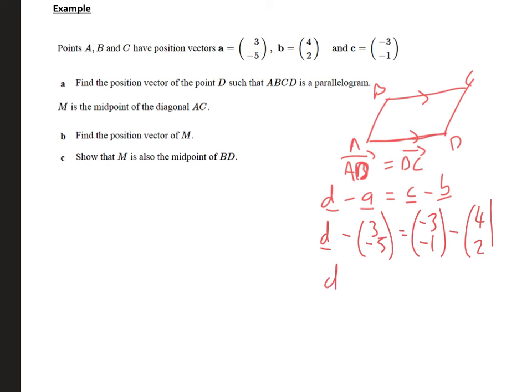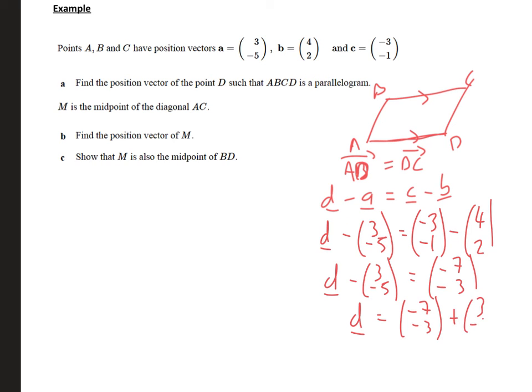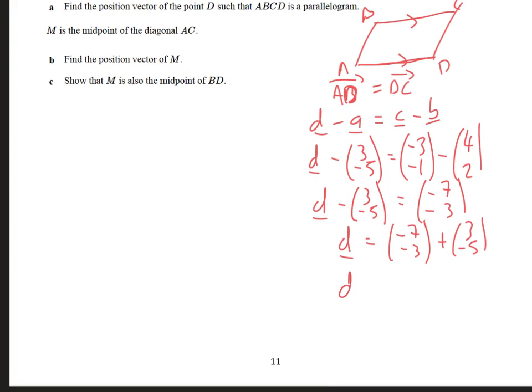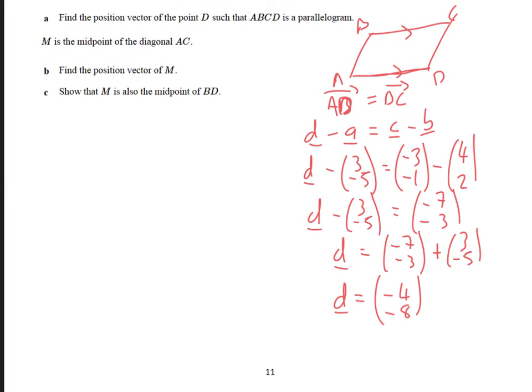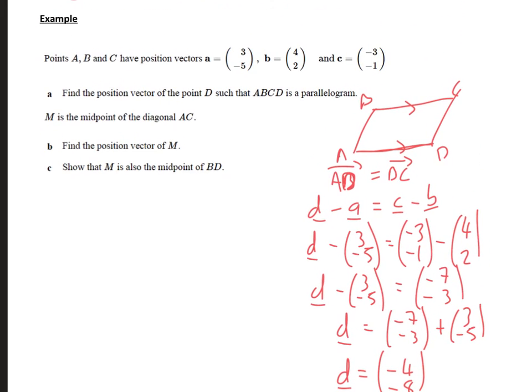So I get d minus (3, -5) equals (-7, -3). If I add that on, I get d equals (-3 - 7, -3 + 3 - 5)... so d gives me (-4, -8). It wants the position vector, so there we go, (-4, -8).